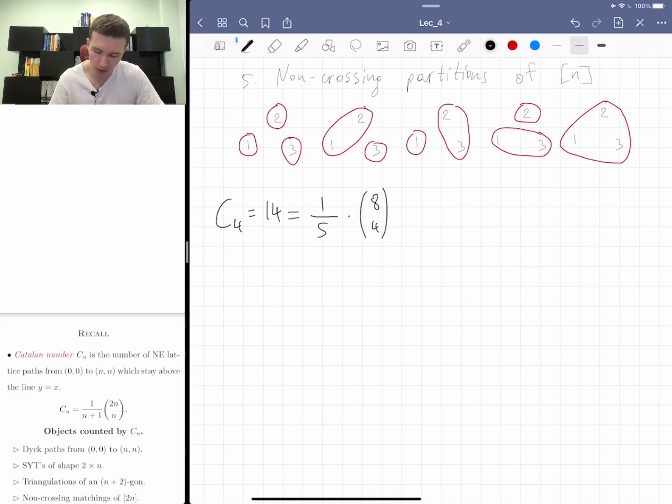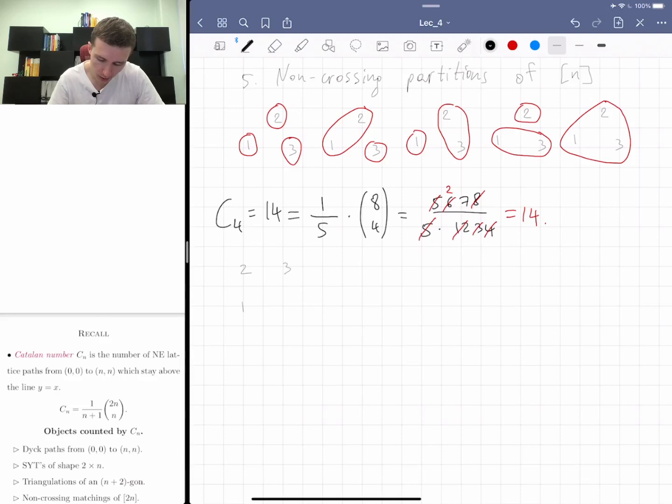That's supposed to be 5, 6, 7, 8 over 5 times 1, 2, 3, 4. You cancel 2 and 4 with the 8, 5 with the 5, and 6 with the 3. So you get 14.